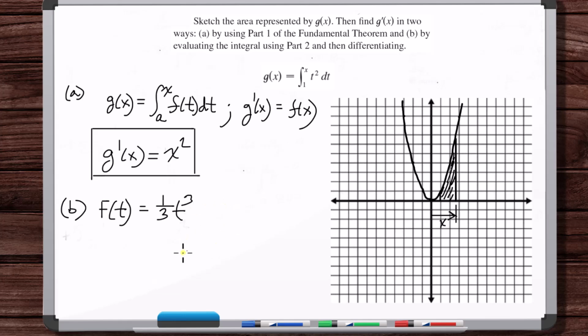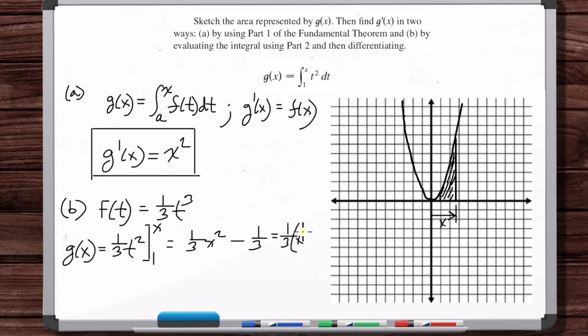And so g of x is equal to the antiderivative taken from x to 1. So this is 1/3 times 1 cubed minus 1/3 x cubed, which is 1/3 times 1 minus x cubed.